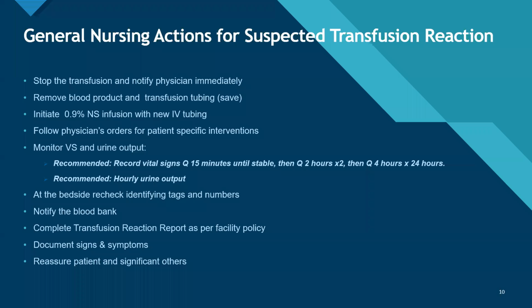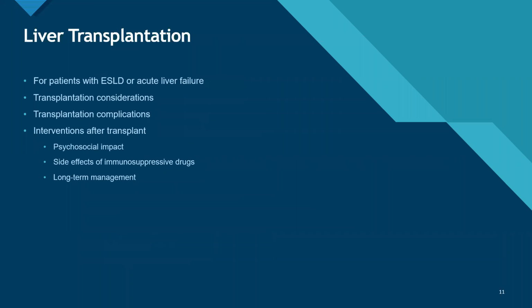Everything gets sent back to the lab, and pathology will look at it. You always document signs and symptoms and reassess the patient and their family. Okay, it doesn't mean they can't get blood ever again. Sometimes patients have to be pre-medicated prior to receiving blood. You'll give them Benadryl and Tylenol because they're at higher risk for having those mild reactions.